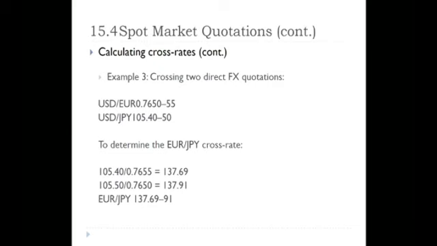When you have a common base currency, you match through cross-rate division. Okay?